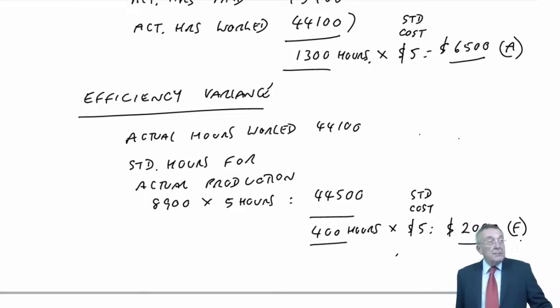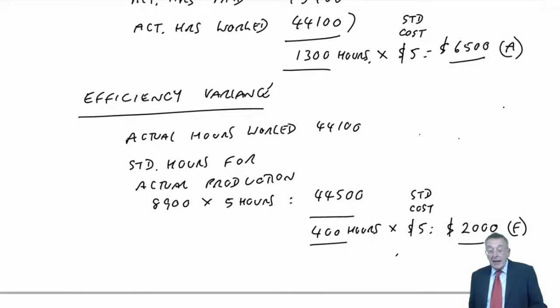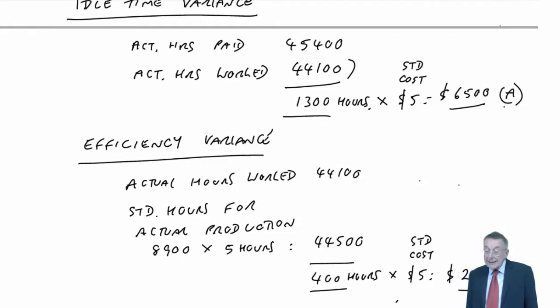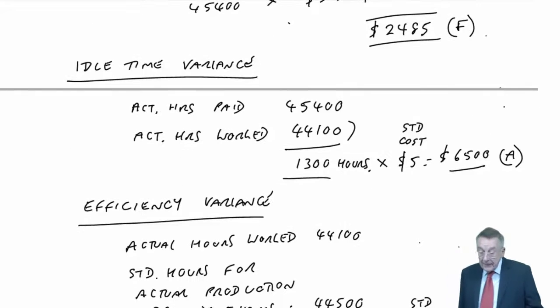And although I'm not going to keep doing this because you wouldn't be in a position to check in the exam, you know, in the exam, calculate the efficiency variance, right? You either know the rule or you don't, and out it comes. But because of what we did earlier, the total of those three is what?